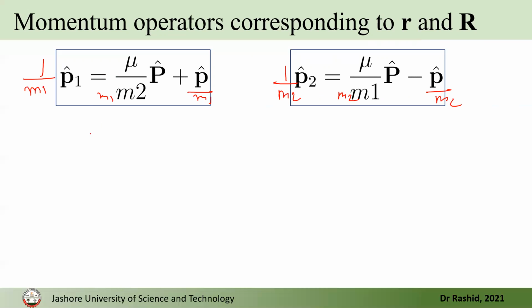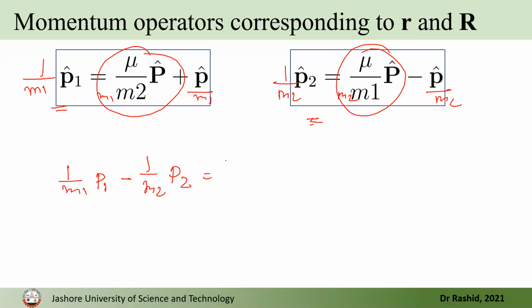Now, if we subtract this one from the first one, we have 1 by M1 P1 minus 1 by M2 P2 equals, this term is the same, they cancel out, we have P by M1 plus P by M2, sorry, this will be plus now because of the minus sign.